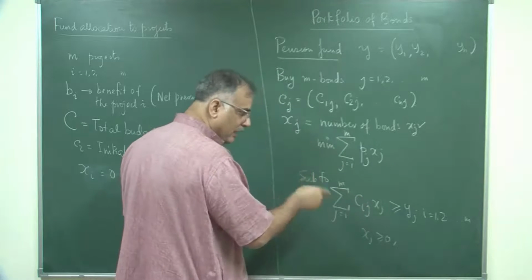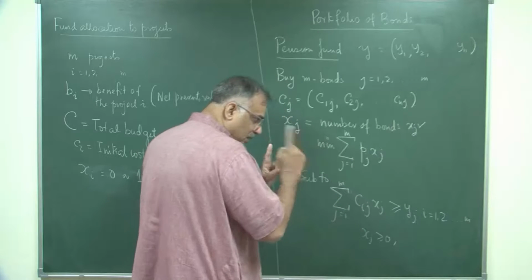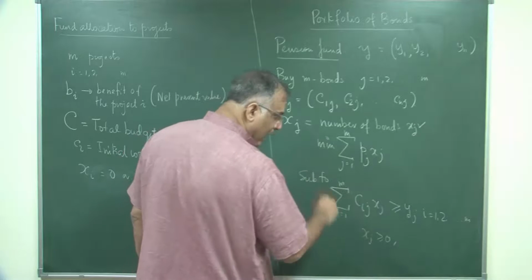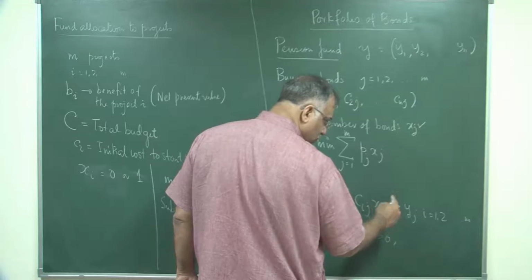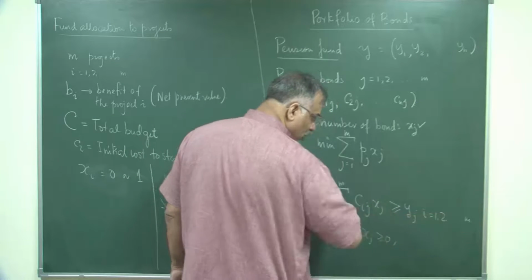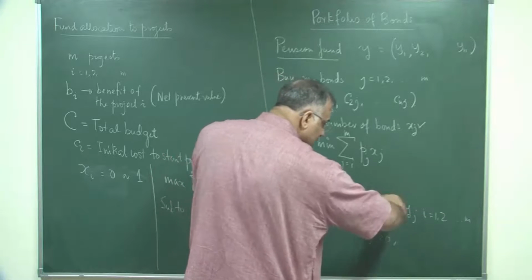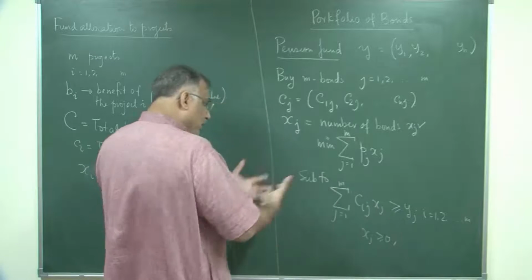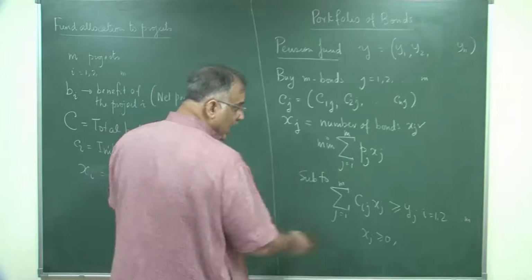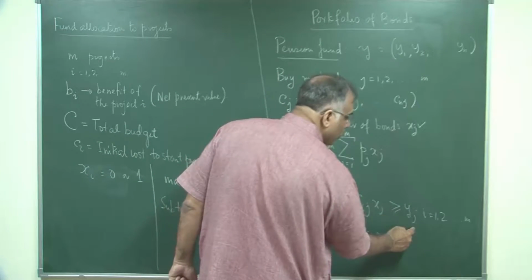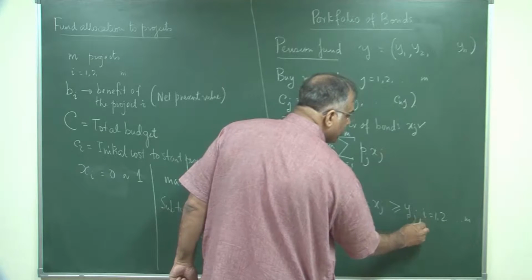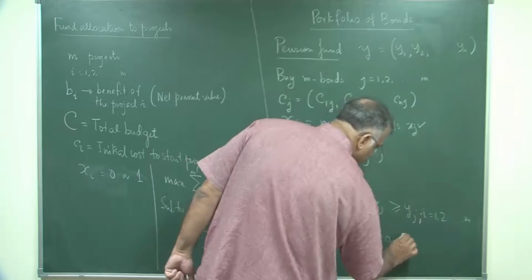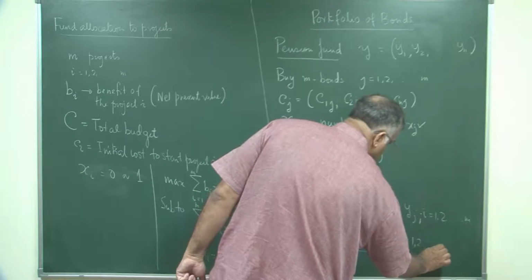From the third bond I have got a cash flow C13. This is the first cash flow. The mth bond gives a cash flow C1m, and of each of them I have bought x1, x2, x3, x4 quantities. So I add them up. This is the amount of cash I get from the cash flows from all the bonds I have bought, and this cash flow must be at least equal to the amount of my financial obligation, and all these xj's that I buy must be greater than or equal to 0.